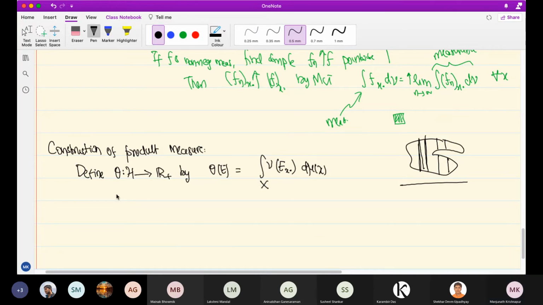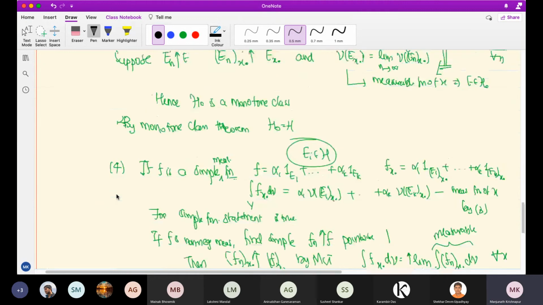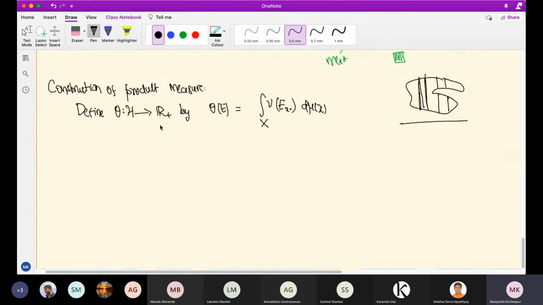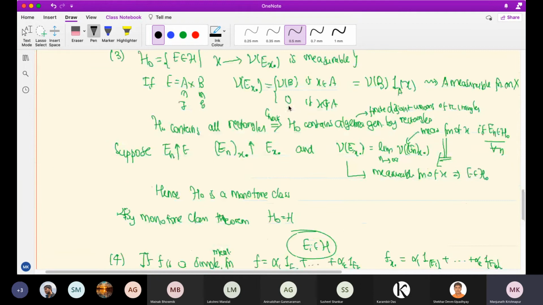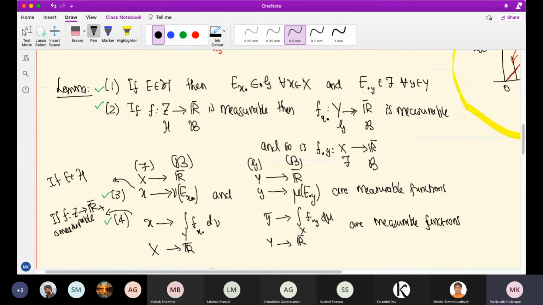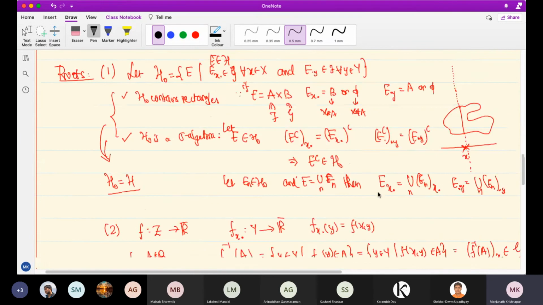Now you see, I am using everything in the previous lemma to make sense of this. For E in H, E_x is in G, so I can take nu of E_x, and the function x going to nu of E_x is a measurable function.